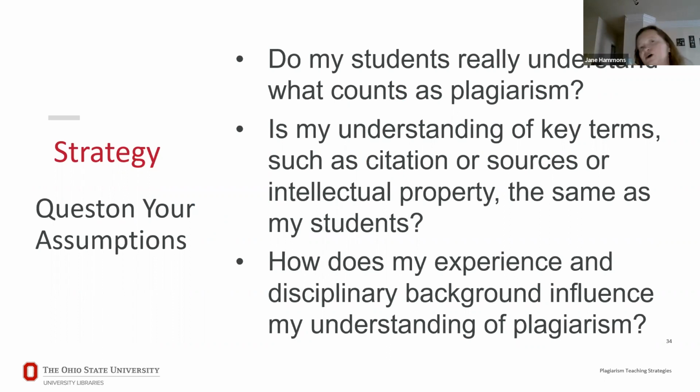Looking at our assignment instructions, are we always being as clear as we can about what we expect from our students, and thinking about how our own background and experience might be creating hidden expectations that we have for students. So that's what I wanted to start with.